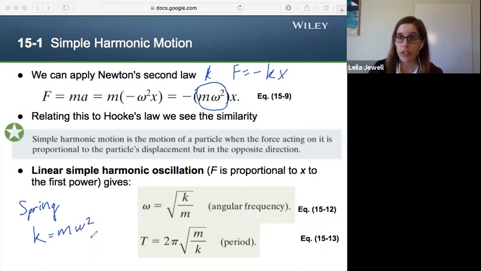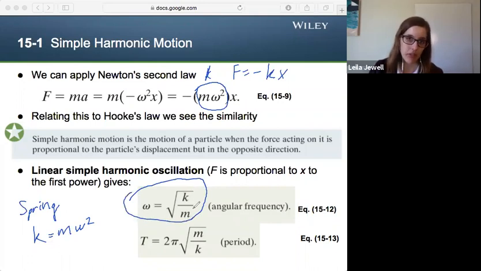And if we solve for our angular frequency, we divide both sides by m, take the square root, and we get this expression that the angular frequency just depends on the spring constant k and the mass that we've put on the end of the spring. We could also write it in terms of the period and note that the period is 2 pi times the square root of the mass on the end of the spring divided by the spring constant k.